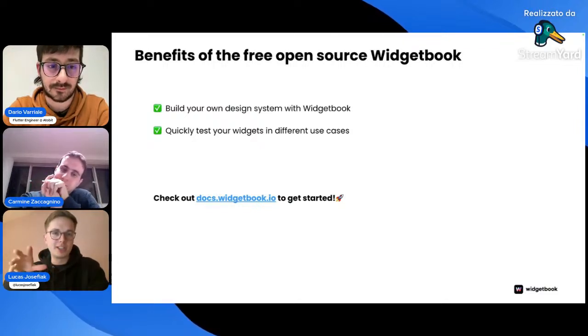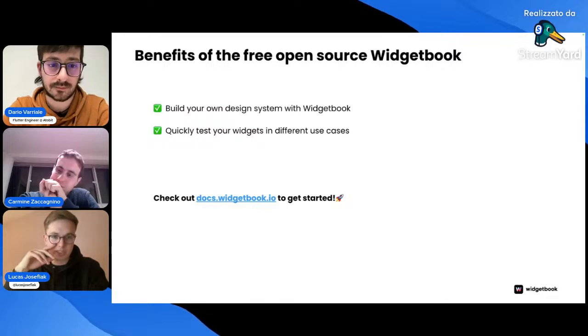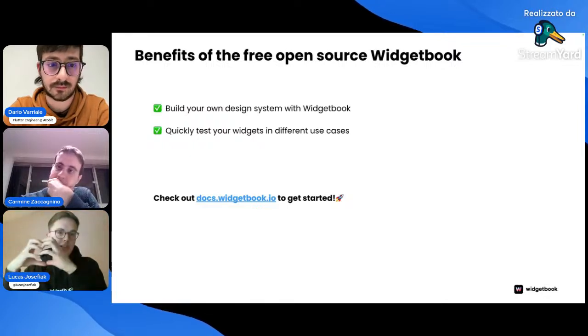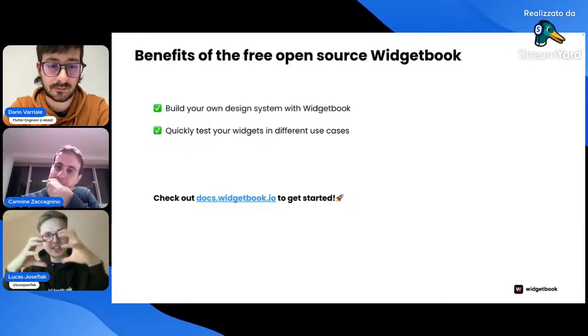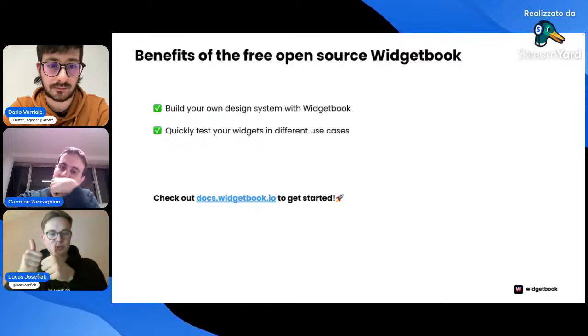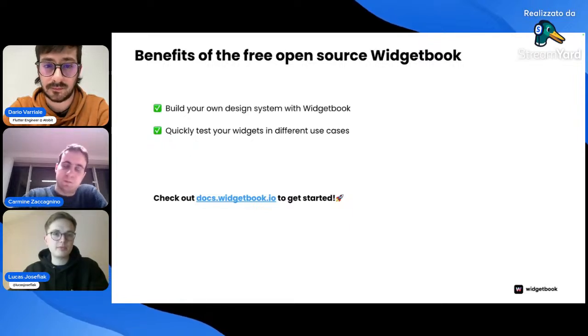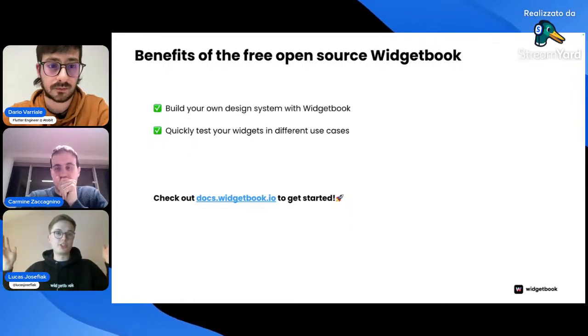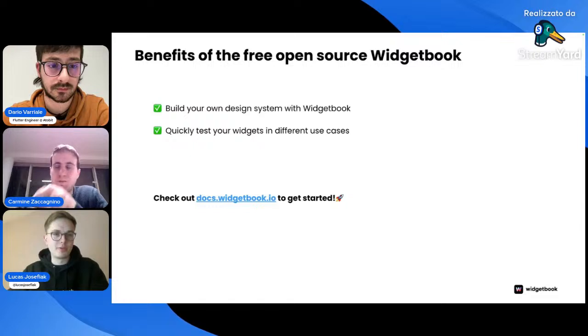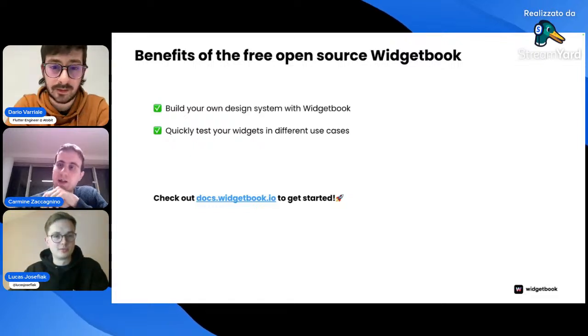You can very quickly test all of your widgets in the different use cases. You can first of all build them in isolation, and then once the widget itself works exactly as you want it, you can use it in your bigger app. And it's open source, so you can just get started for free if you like to.